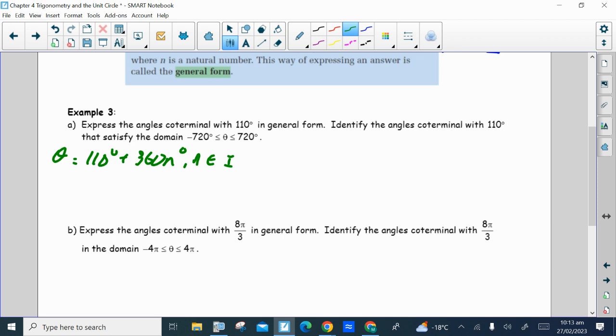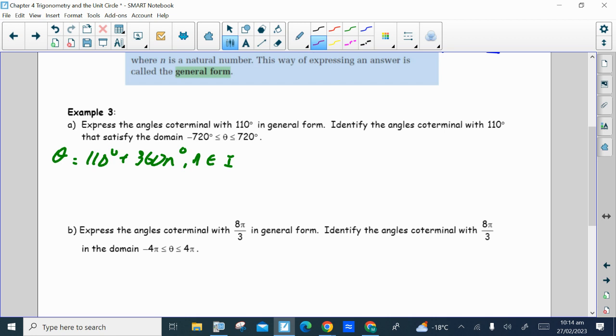So the second part of this says to also identify the angles that are coterminal with 110 degrees that satisfy the domain where theta is greater than or equal to negative 720 and less than or equal to positive 720 degrees. So we want to identify all the angles that are coterminal with 110 that fall within that range.